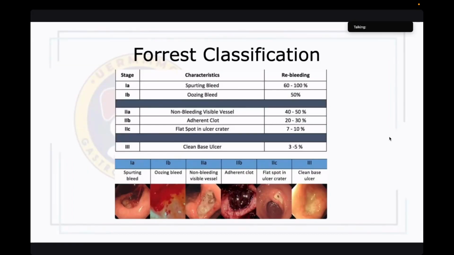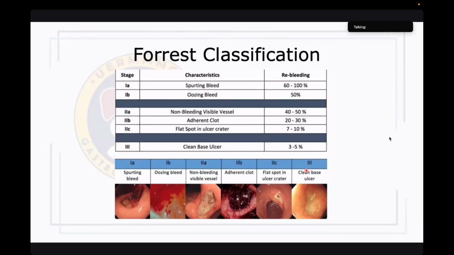You don't need to memorize this. This is just to show you that for cases of gastrointestinal bleeding, we use the Forest classification based on endoscopic findings to guide us in the management. For example, if the ulcer on endoscopy is clean-based, you have a clean-based ulcer or Forest 3.